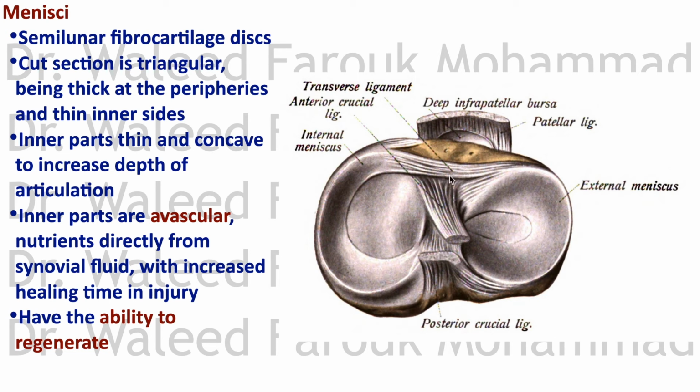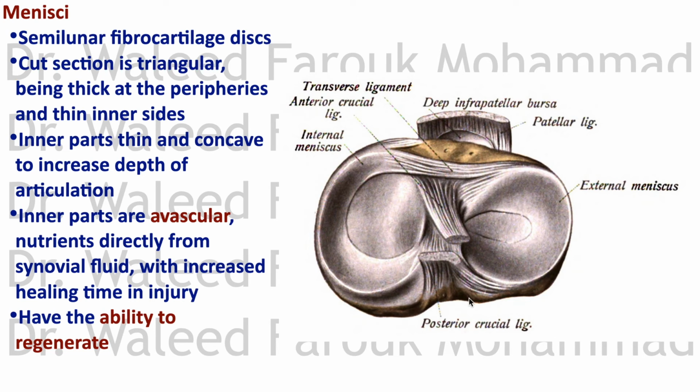So remember, two horns with the anterior cruciate ligament between them. Then the posterior horn of the lateral meniscus, then the posterior horn of the medial meniscus, then the last structure is the posterior cruciate ligament.